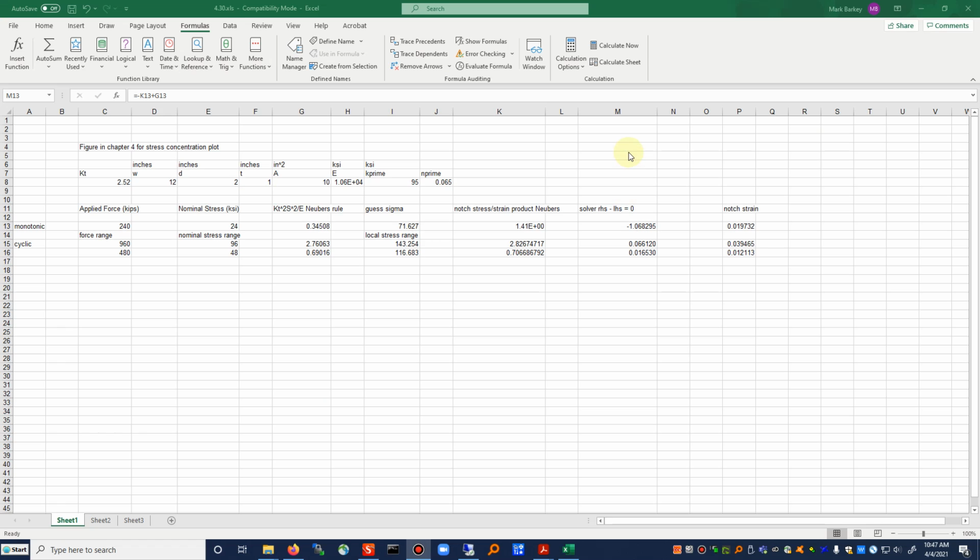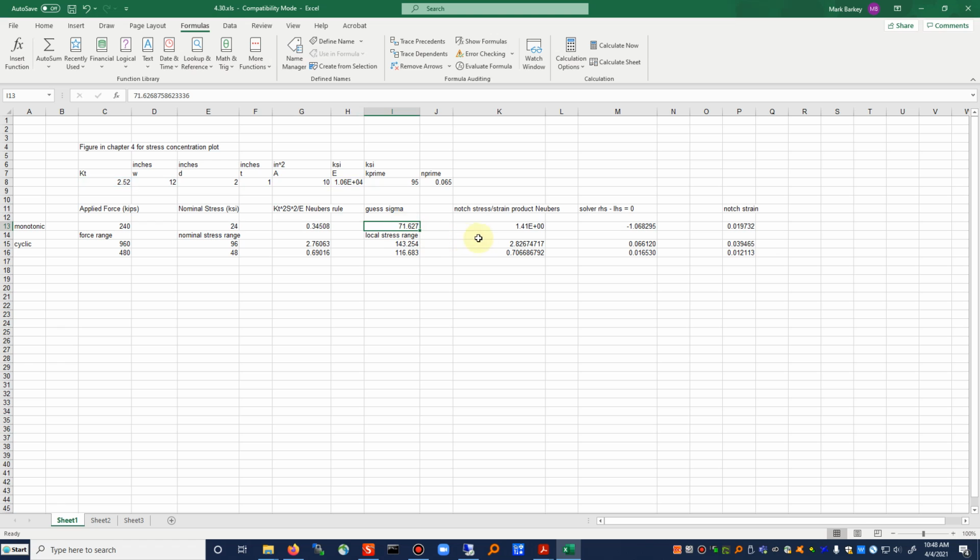All right, so in my spreadsheet, I'm going to set this up so that I'm going to be able to use the solver inside of Excel instead of the Newton-Raphson technique. I think that's fine. So here's my KT, here's my dimensions, here's my material properties. My applied force 240 kips, nominal stress is automatically calculated based on the A. Here's the KT squared S squared over E value.